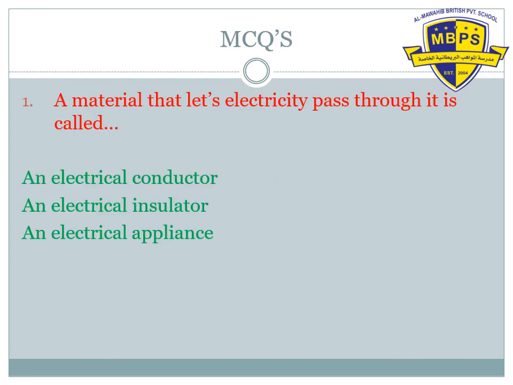Let's have some MCQs, that means multiple choice questions. A material that lets electricity pass through is called an electrical conductor, an electrical insulator, or an electrical appliance. Okay, let's get the answer. It's an electrical conductor. Well done if you got this answer right.